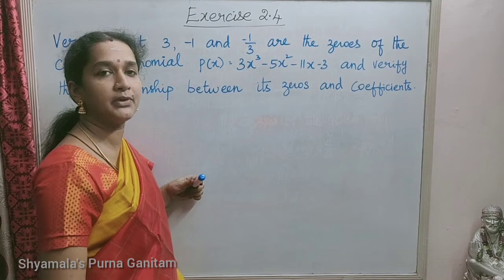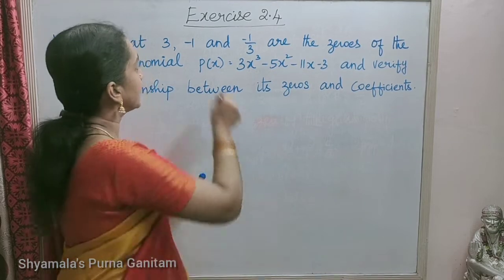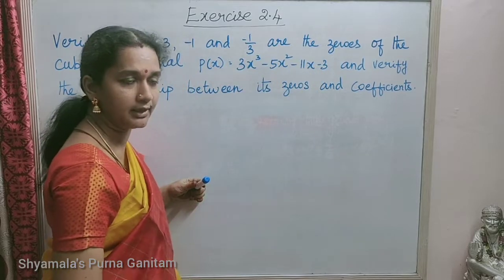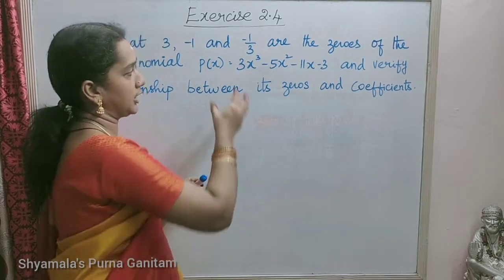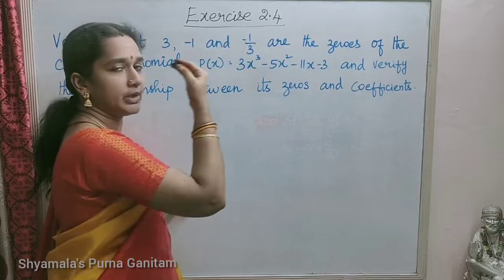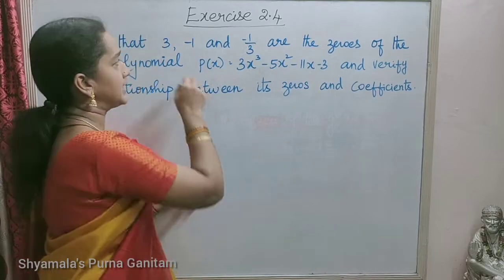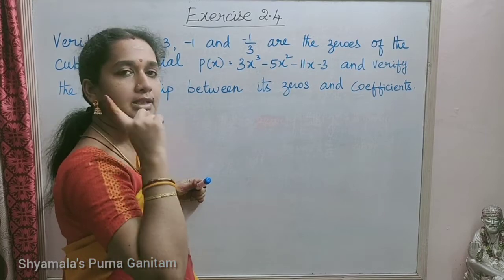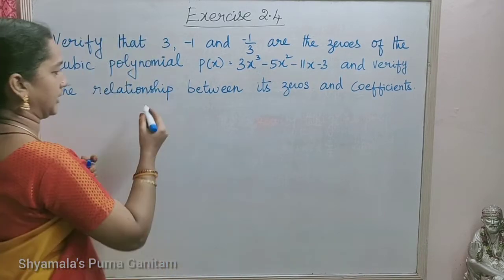So how will you verify that it is a zero? When you substitute these values in the given polynomial, and after simplifying you are getting 0, then we will say that these are the zeros of the given polynomial. So first that verification we are asked to do.